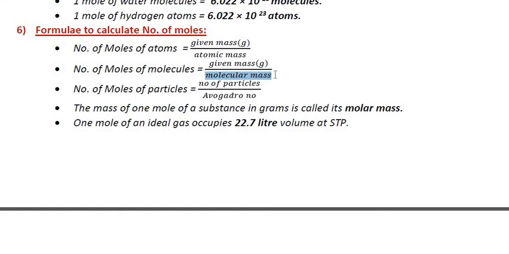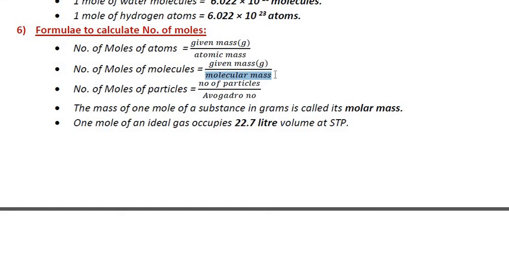I can give you an example: calculate the number of moles of calcium carbonate in 100 grams of it. The given mass is 100 grams. Then we will first of all find out the molecular mass of calcium carbonate. Calcium carbonate is CaCO3. That means it consists of 1 atom of calcium, 1 atom of carbon and 3 atoms of oxygen.